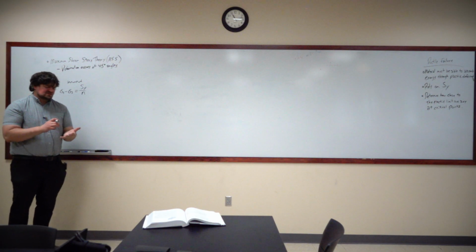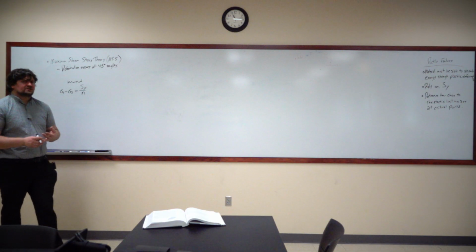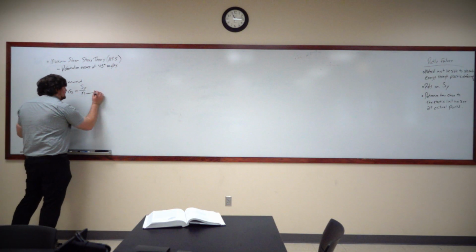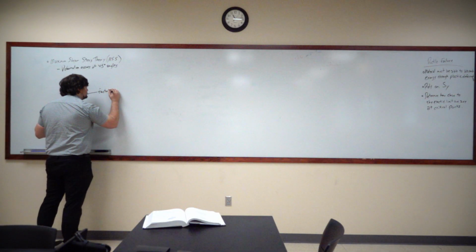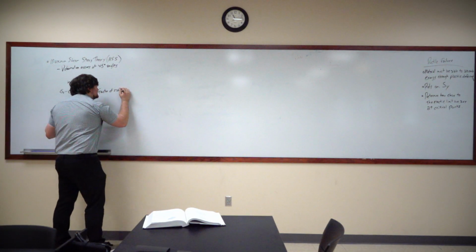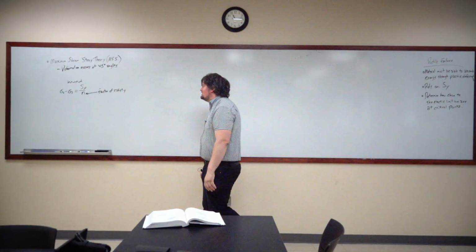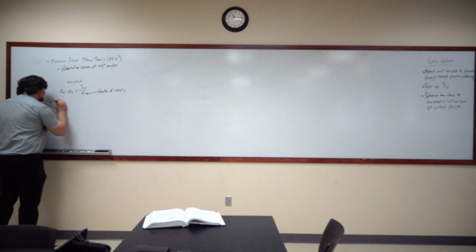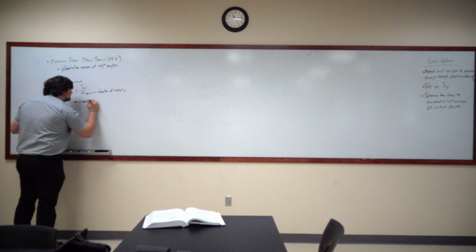This is something that you either look up in a table or get specifically from the material manufacturer, who will tell you the yield strength of that material. And this n value is the factor of safety. As I said over here, we want to be able to determine how close we are to the elastic limit. Well, our factor of safety is how close we are. When n equals 1, we expect failure to occur.